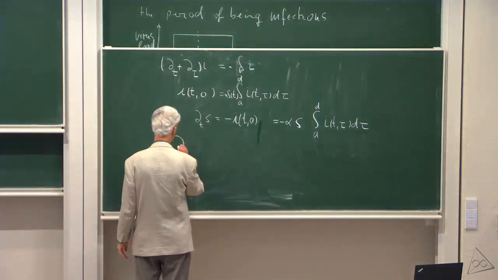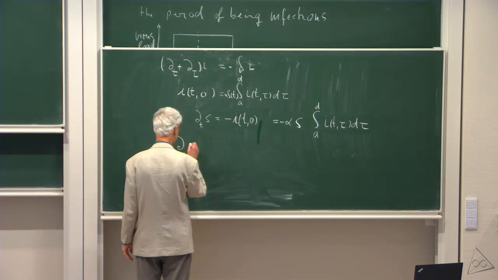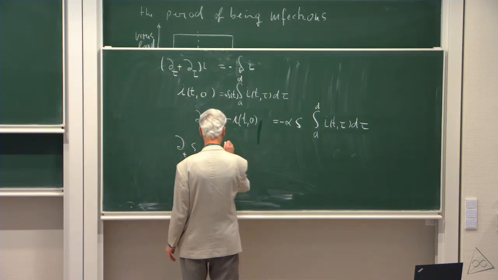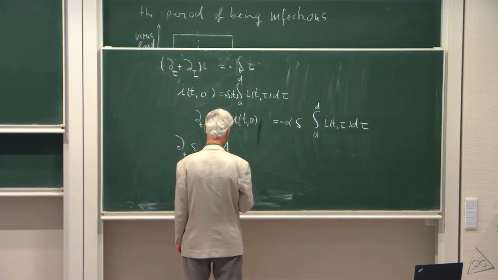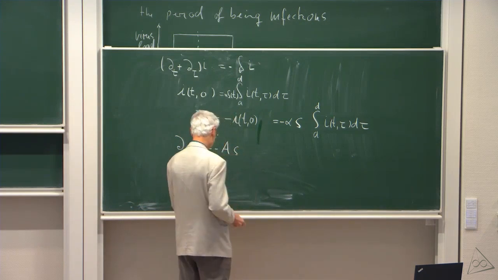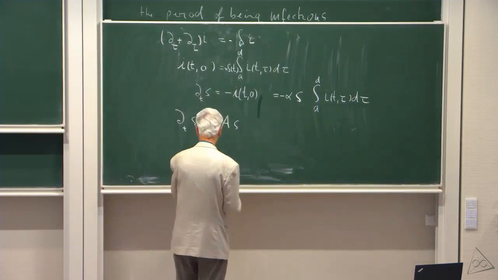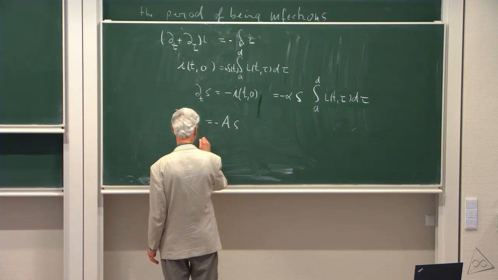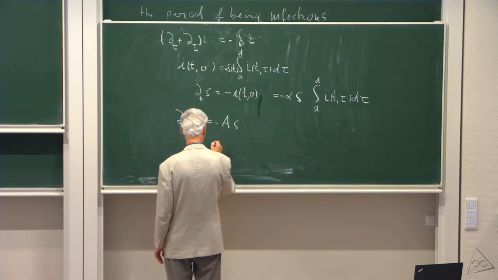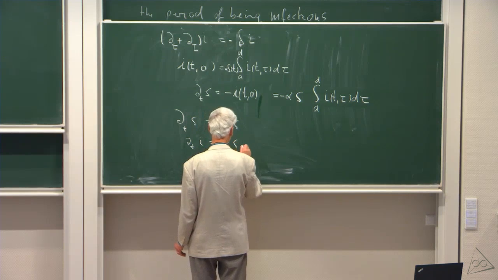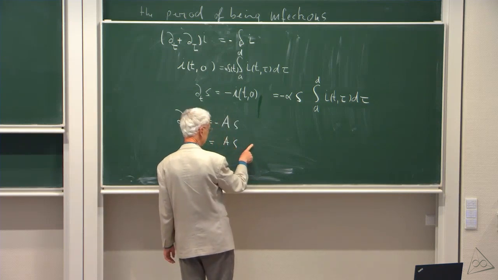It will be of the form dt of S is something which I now call capital A. It's just a quantity, minus A times S. And sorry, dt of I will be the same thing, this A times S. Now, usually you would see here this beta.